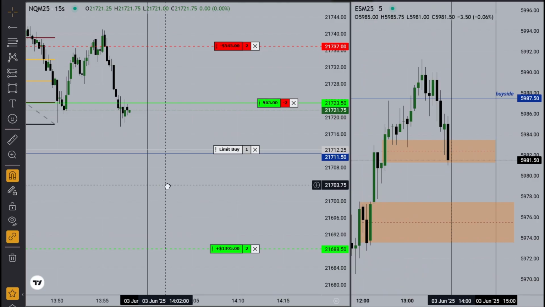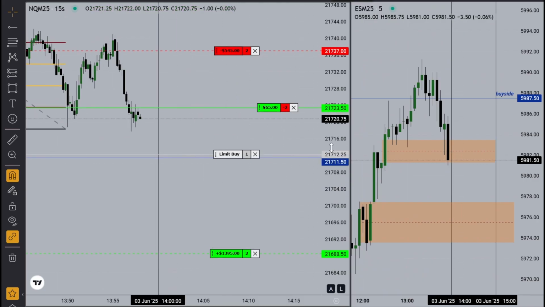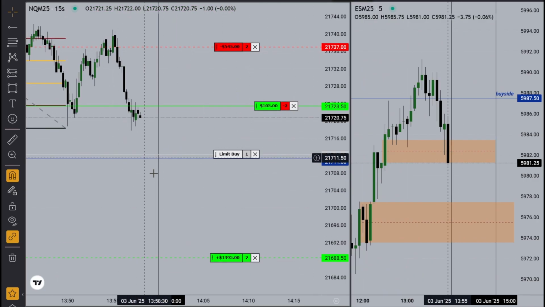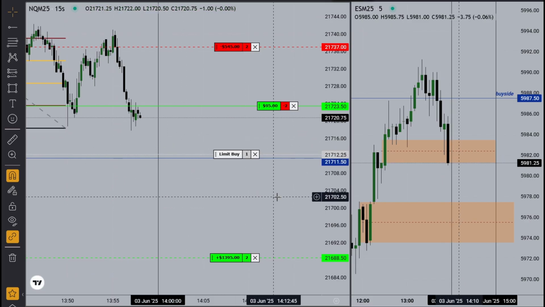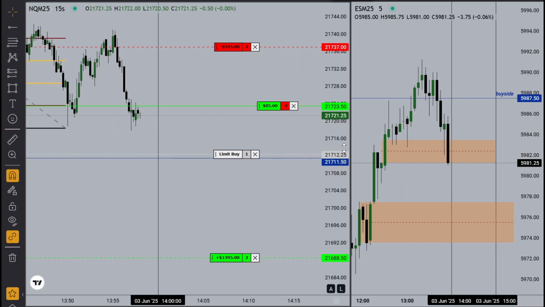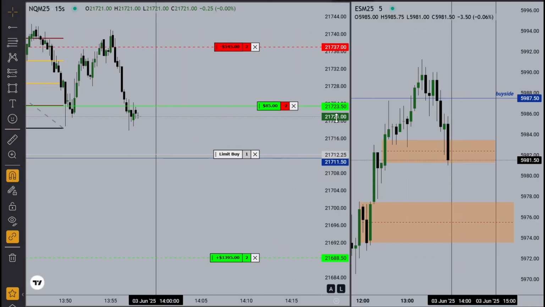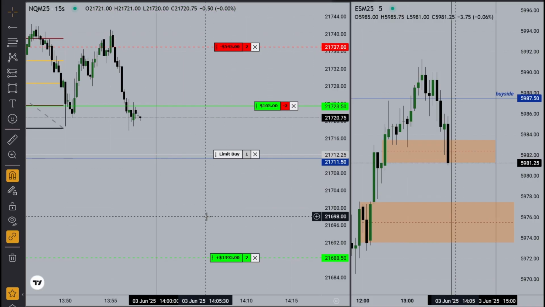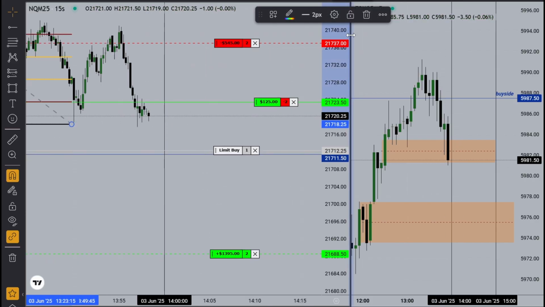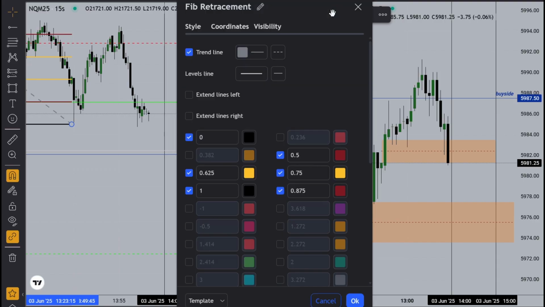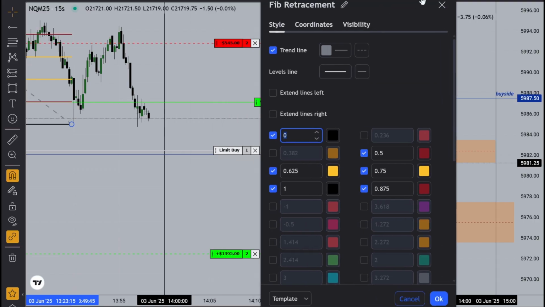On your right hand side, ES is going downwards, which is a good sign for us. Let's see what happens. We're almost at the Silver Bullet PM session, that's the marked line over there.